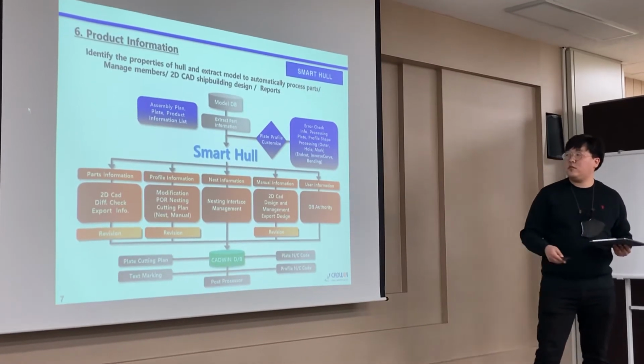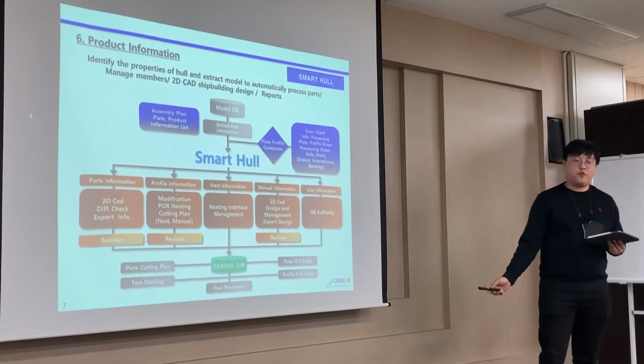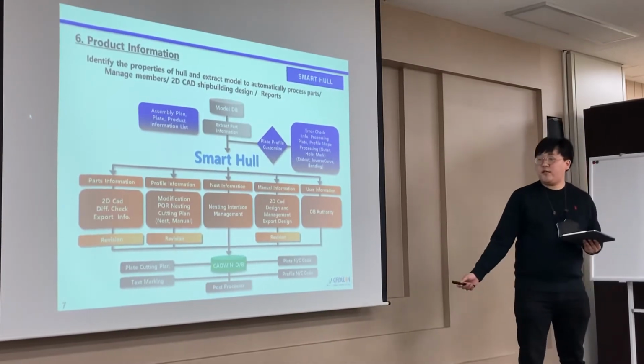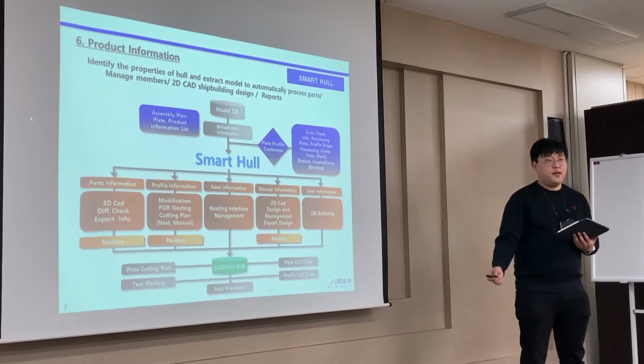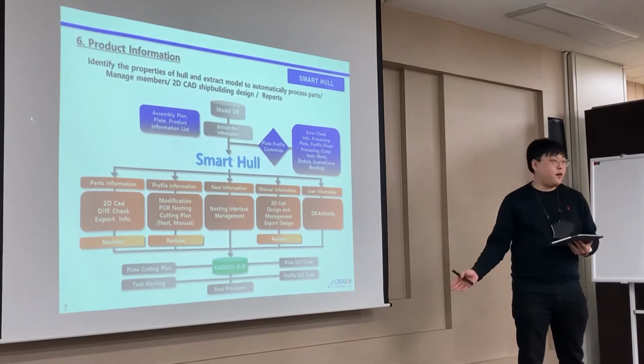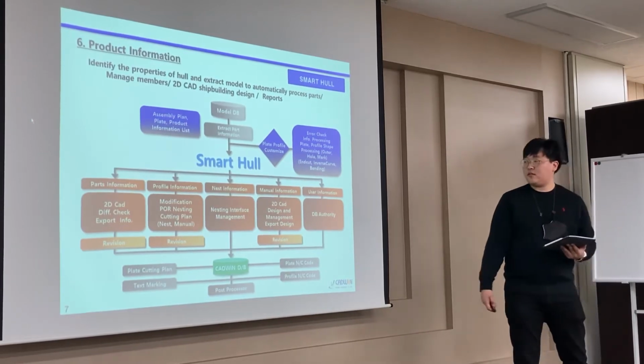Inside Smart Hull, we divide it into part, profile, nest, and manual user information, which we revised, and it is put into the Cadwin database. After that, inside the Cadwin database, it will be used for other products.